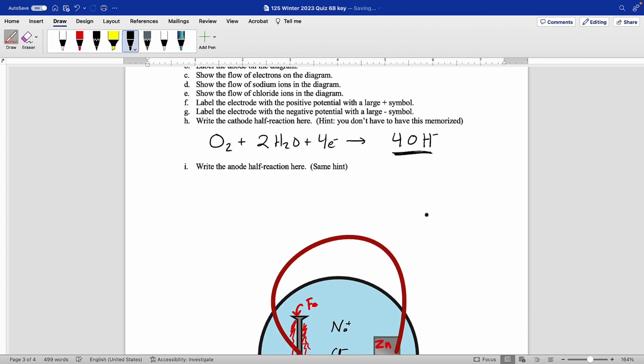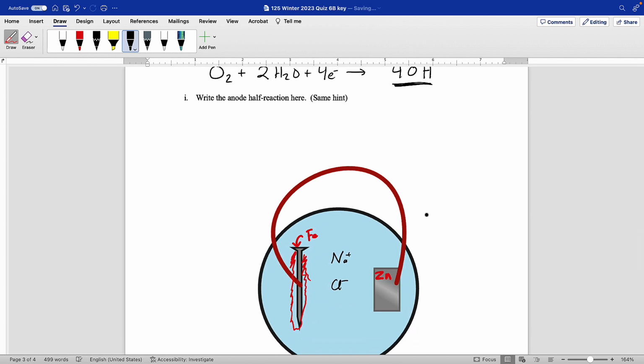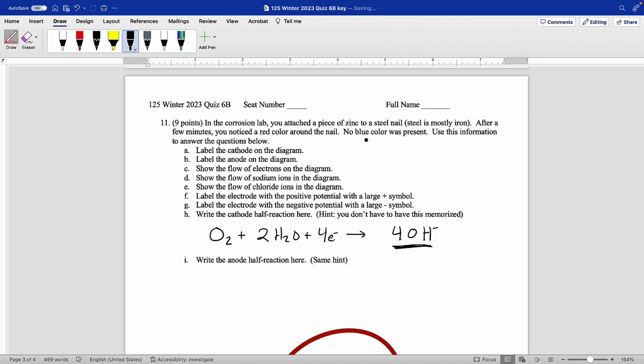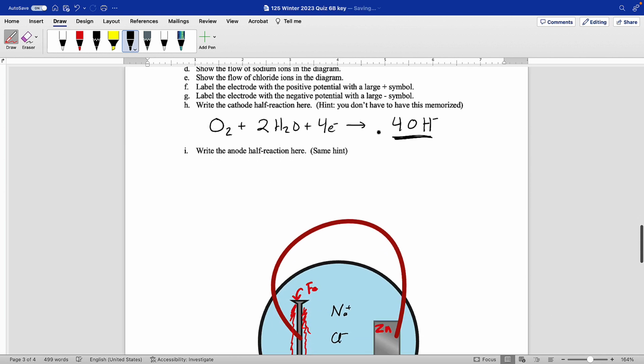What about the anode? Well, iron can't be being oxidized. I mean, something has to be oxidized, but iron can't be because remember, the notes here said there was no blue, and we had a dye that would react. It was colorless, but it formed Prussian blue, a bright blue compound, when iron 2 was present. So it must not be the iron that's being oxidized.